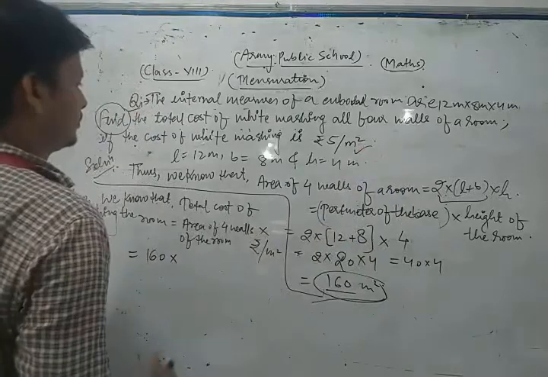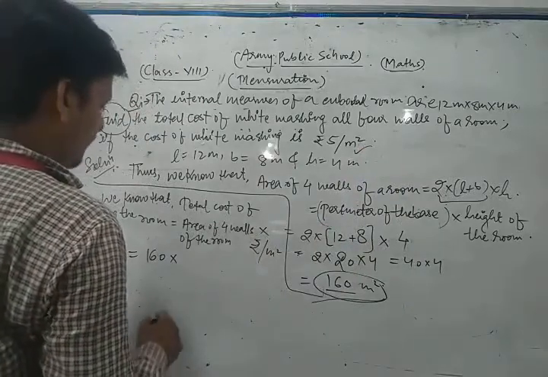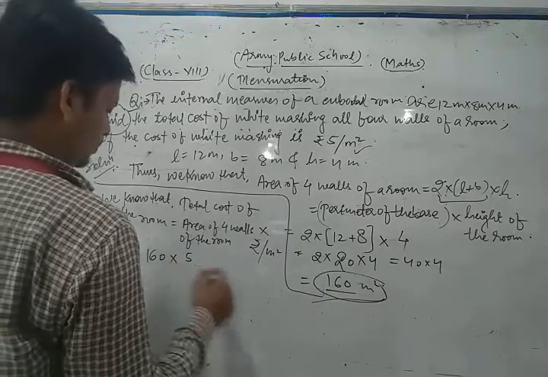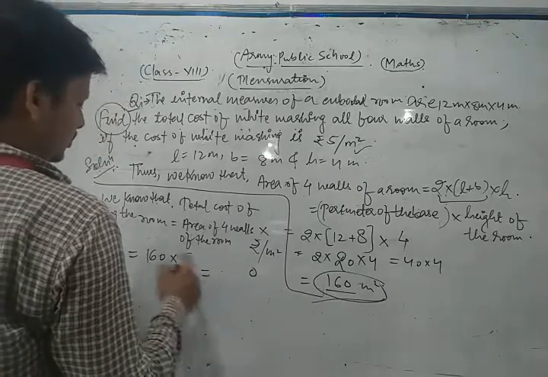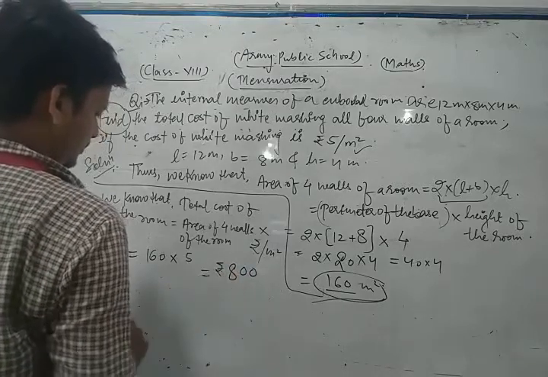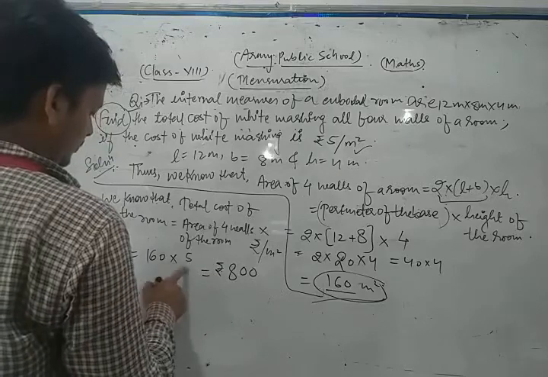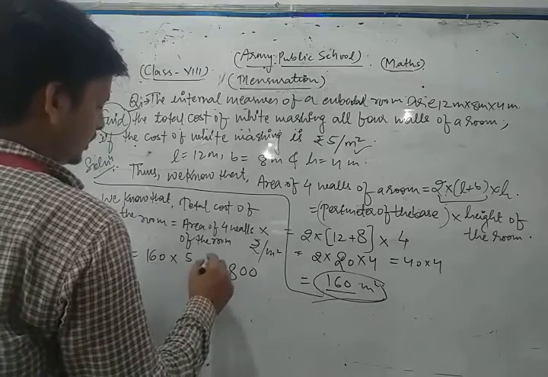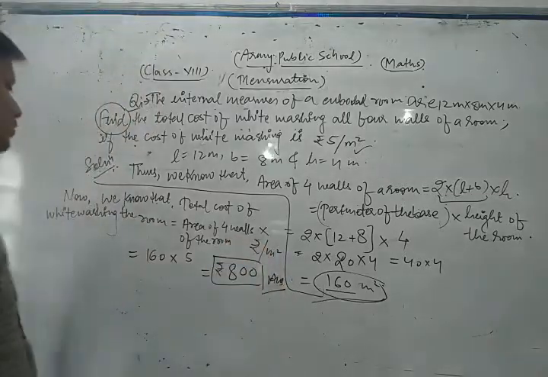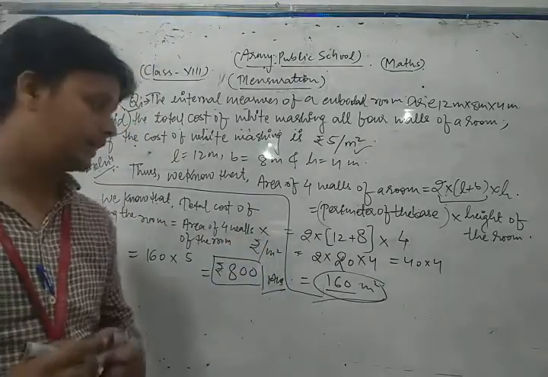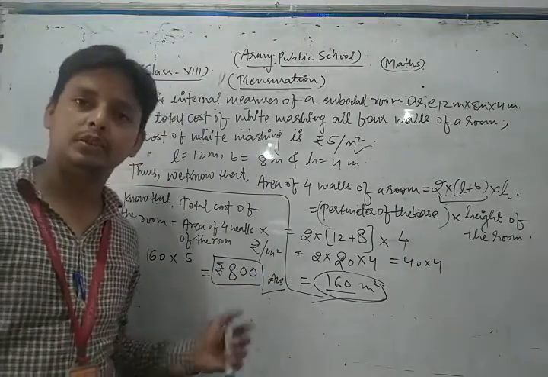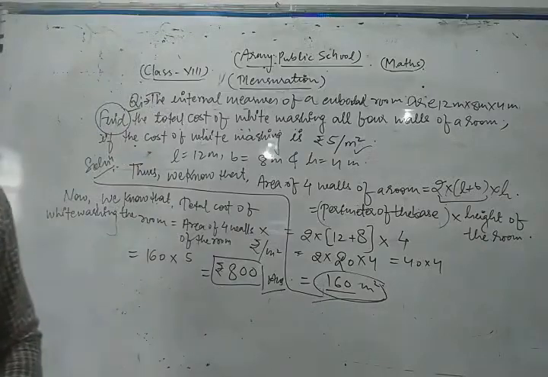Now we multiply them. This is rupees 800. So in this way, we can say that the total cost of whitewashing the room at the rate of rupees 5 per meter square is rupees 800. So this is the required solution of the given question.